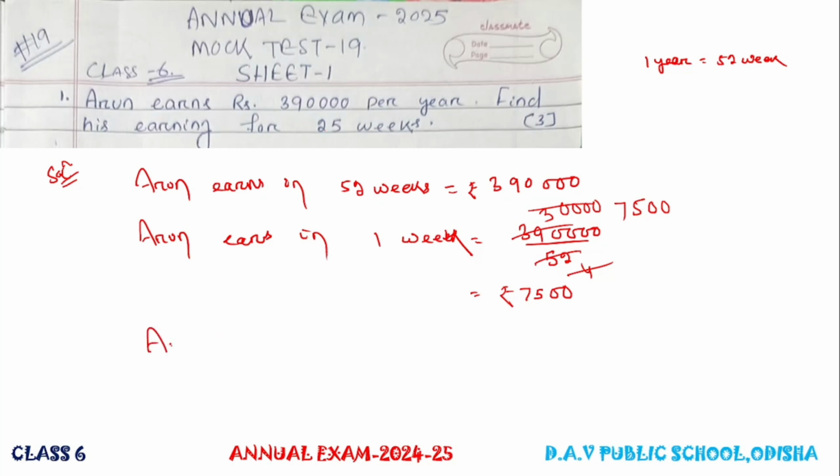So write down: Arun earns in 25 weeks is equal to 7,500 into 25. Now multiply 75 into 25.